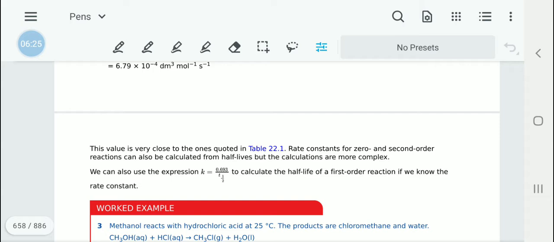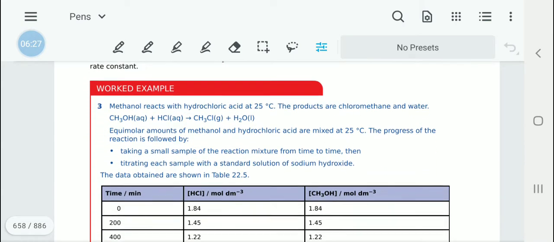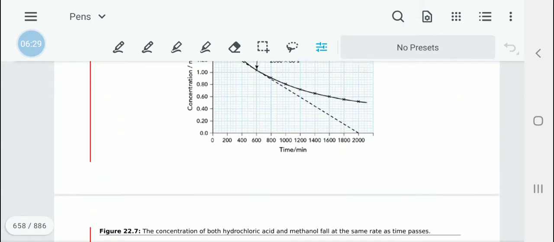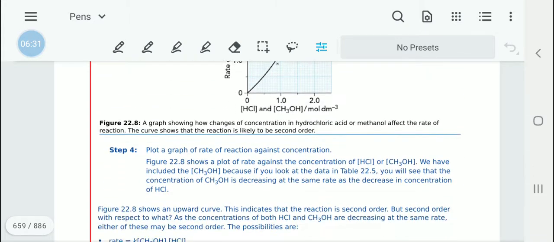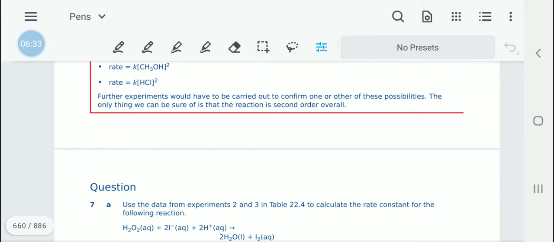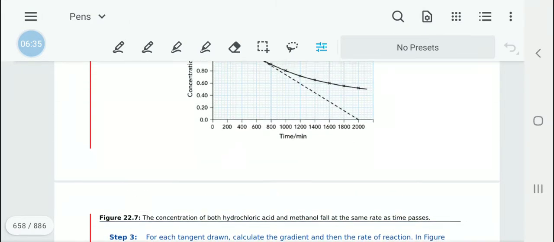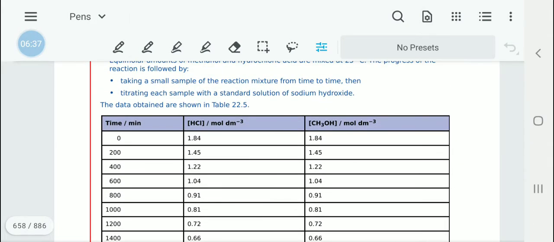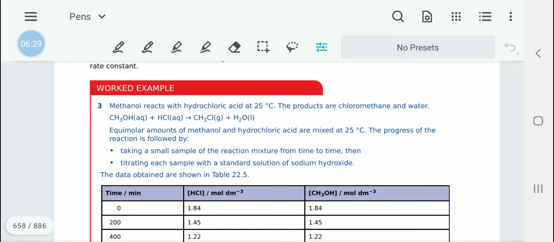So t half can be calculated, and k also can be calculated. Now let's go to these worked examples to try and figure out how to use these in our calculations. Now methanol reacts with hydrochloric acid at 25 degrees Celsius. The products are chloromethane and water.